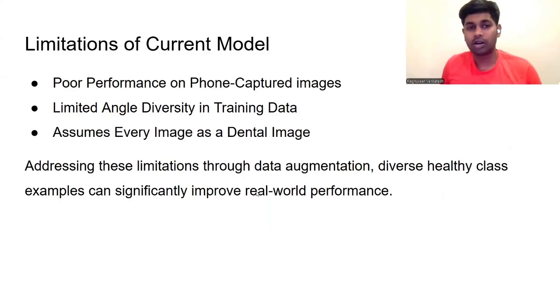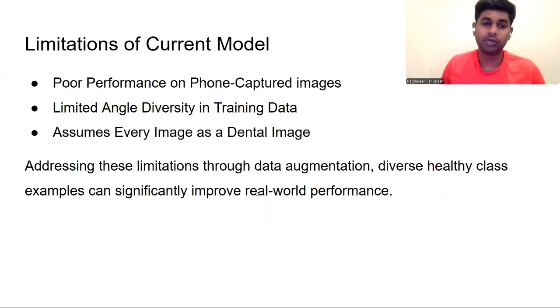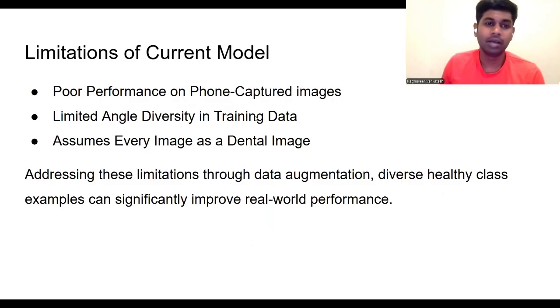So now I'll talk about the limitations of the current model. We went with the pre-trained ViT model. Some of the limitations of this particular model were that it had poor performance on phone captured images. That was mainly because of lighting, shadows, etc., due to the phone camera. And also in the training data, there was limited angle diversity.